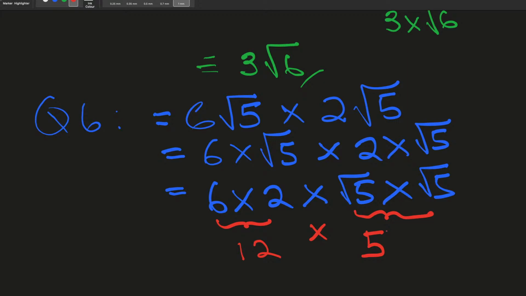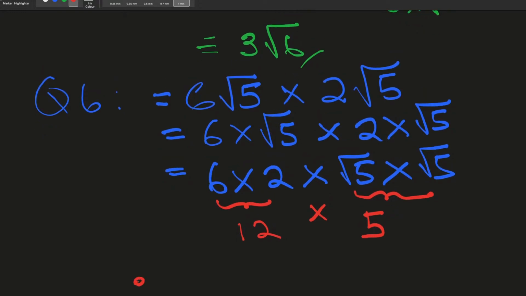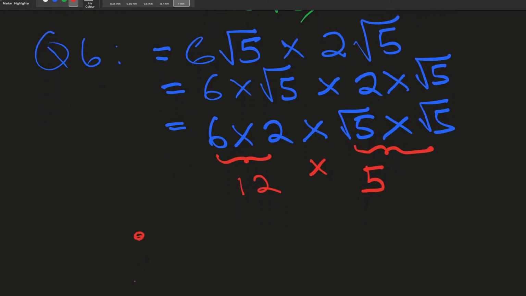If we can grasp that one easily, then we will know that root 25 times root 25 is the same as root 5 times root 5, which will be root 25, and the square root of 25 is 5.